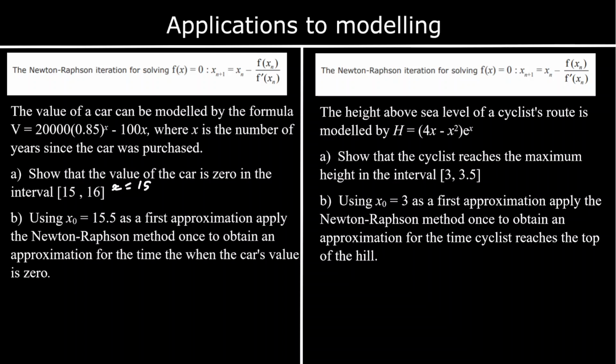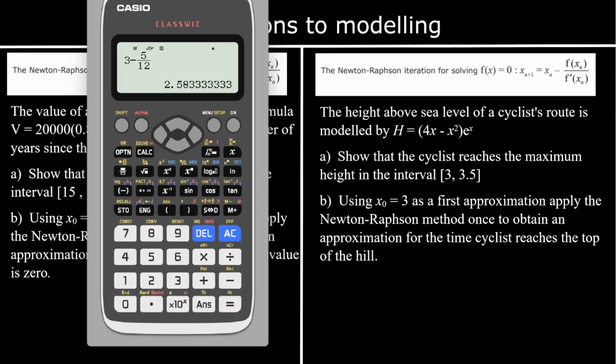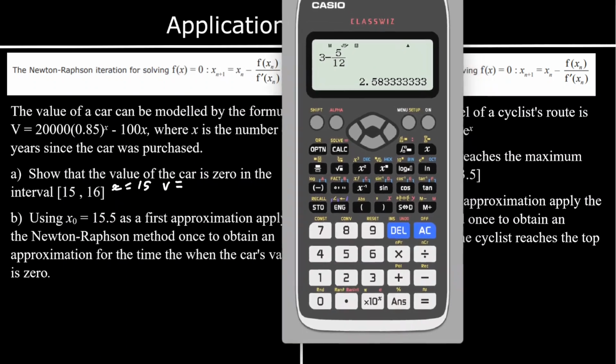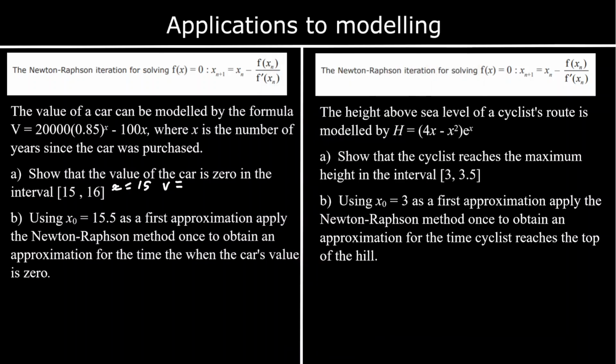So when x is 15, we should get a positive. So V is 20,000 times 0.85 to the power of 15 minus 100 times 15. And we get £247.